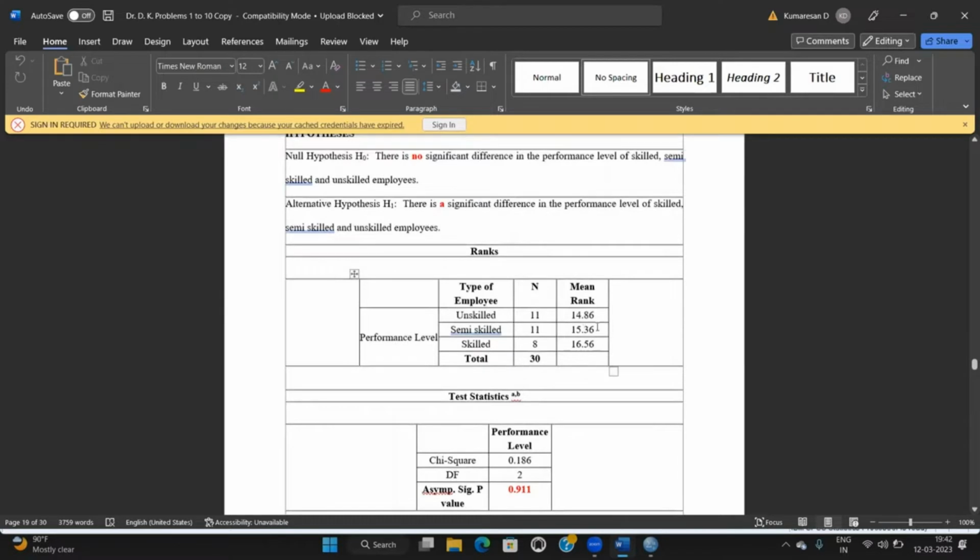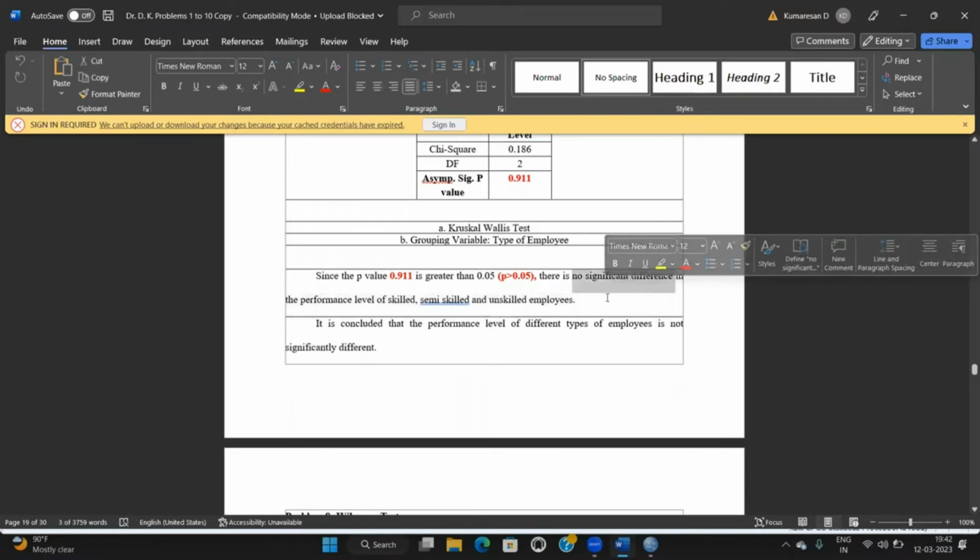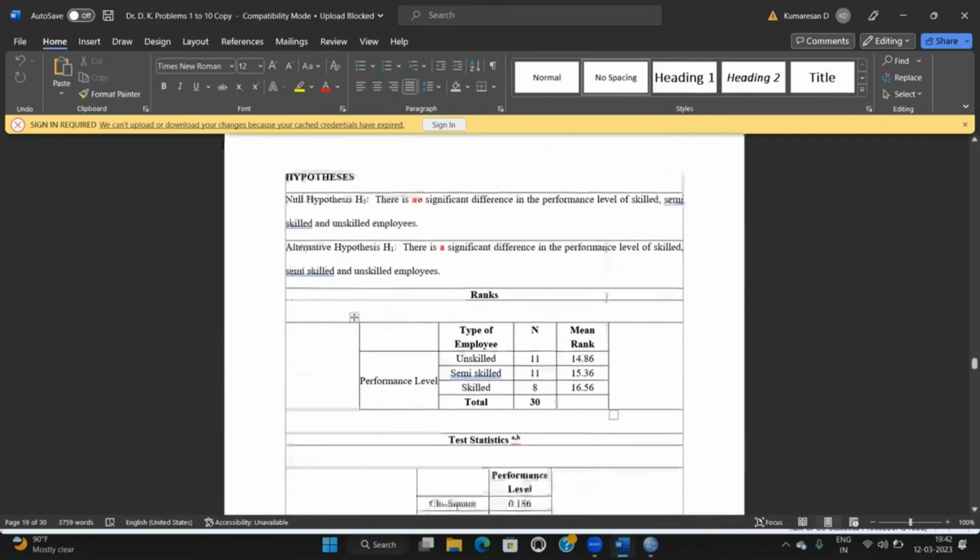But look at this. Mean rank. Unskilled 14.86, semi-skilled 15.36, and skilled 16.56. Even though we have concluded that there is no significant difference in the performance level, there could be some difference at least.